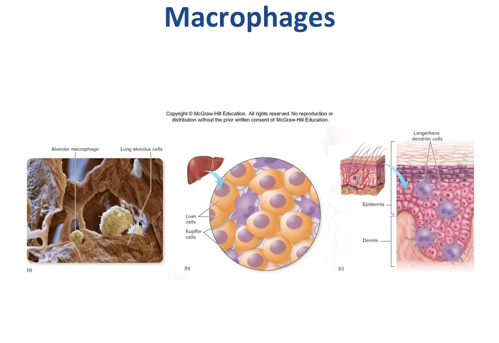For example, this is the alveolar macrophage in lung. This is in liver. This is dendritic cells in skin.